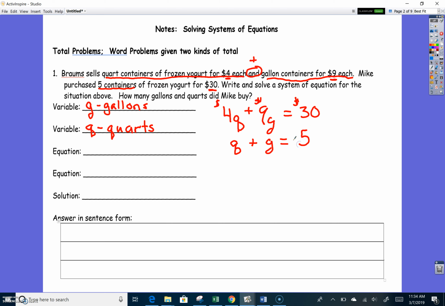There's a total of 5 containers. Both these things are containers. Now you have your 2 equations: 4Q plus 9G equals 30, and Q plus G equals 5.